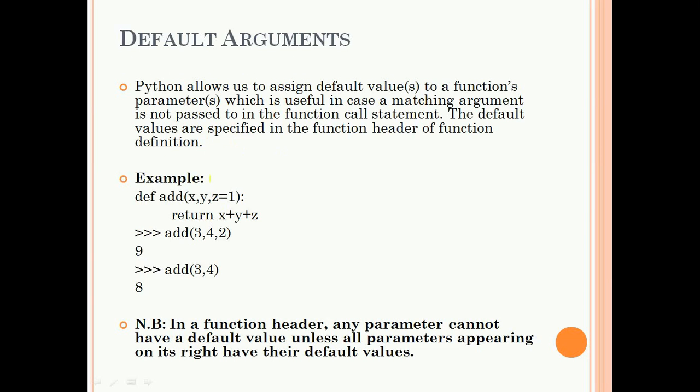We can assign default value for y if and only if we already assigned default value for z. Likewise, we can assign default value for x if and only if we already assigned default value for y and z. So for function definition, we must assign default values from right to left.